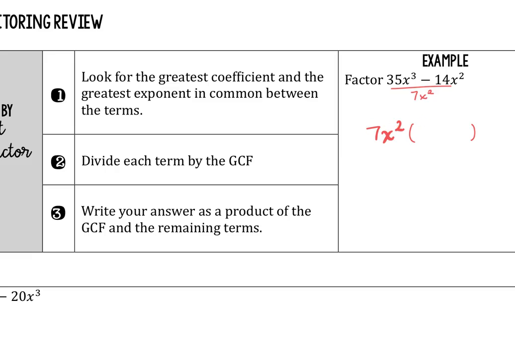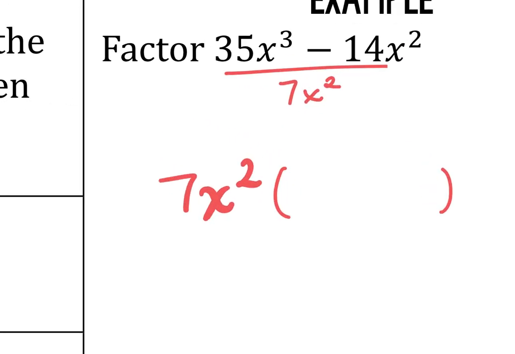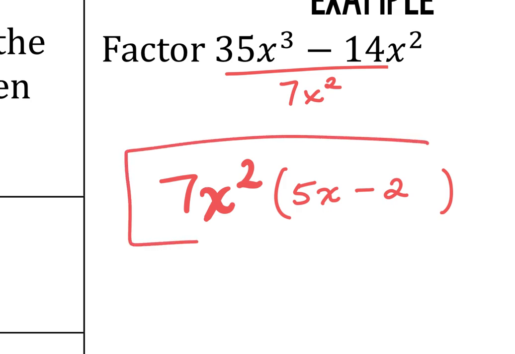So 7x squared was multiplied by what to get back to 35x to the third minus 14x squared? Yes, so 35 divided by 7 would give me 5. And then when we're dividing powers, remember, essentially we're just subtracting the exponents. So 3 minus 2 is how you get x to the first power, but we don't need that 1. And then negative 14 divided by 7 is negative 2. And the x squared divided by the x squared would cancel out. So this is your factored form of this expression.